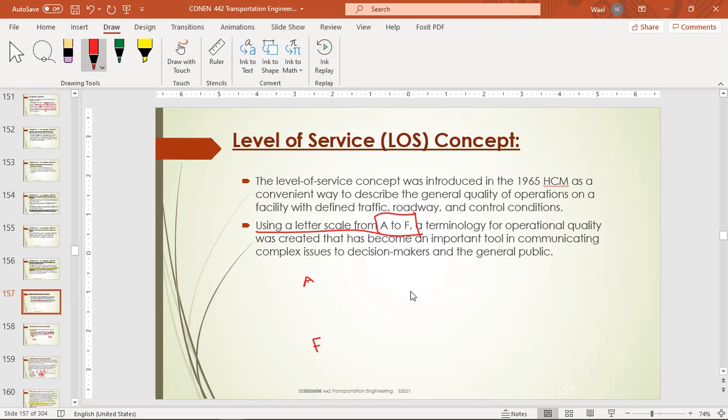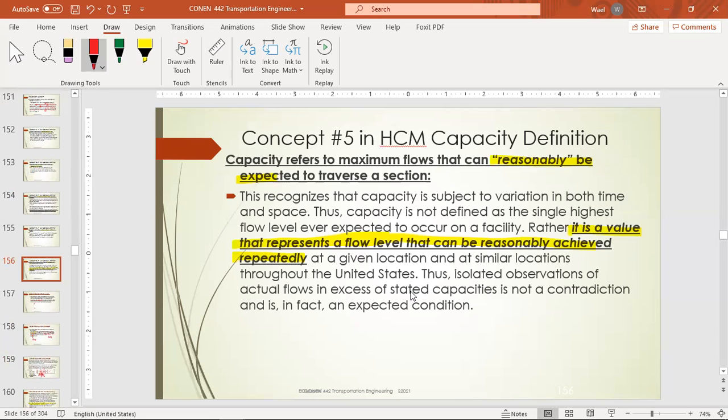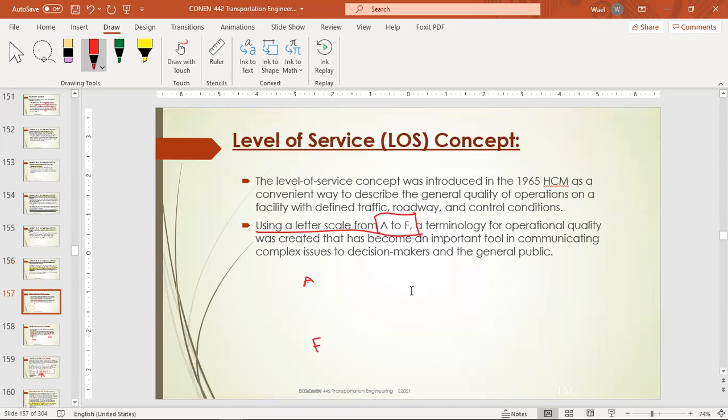there was another concept that was developed, which is basically the level of service, because capacity by itself is not easy to understand or comprehend by non-specialists in the field. So they developed what we call level of service.